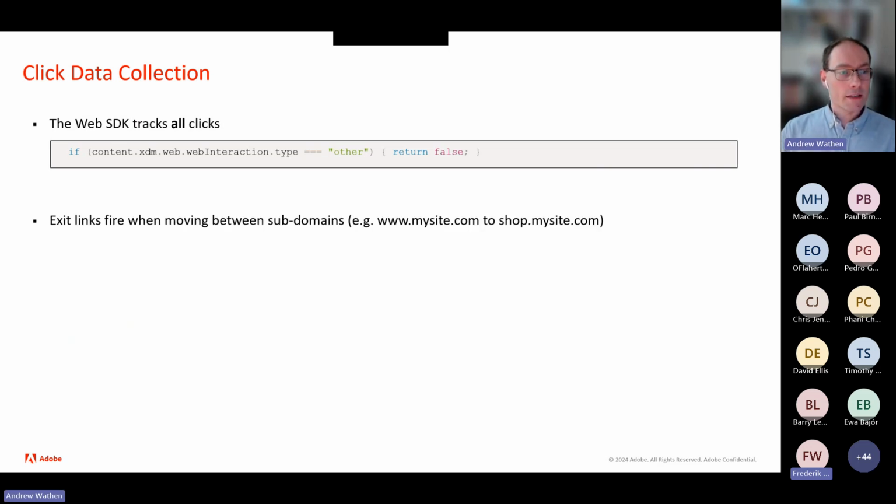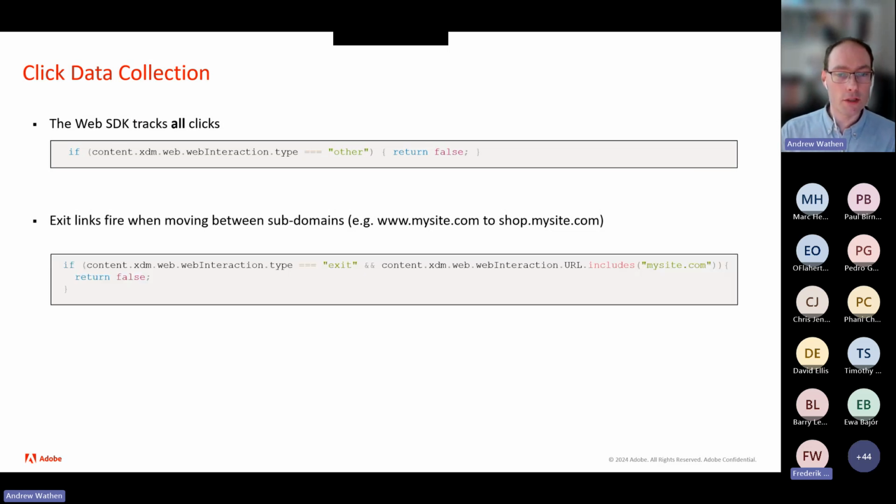The next one is exit links firing when moving between subdomains. The example I've given here is you're on www.mysite.com and you navigate to shop.mysite.com. Most of us would probably not want to count that as an exit link, but the code will. The code will see that as an exit link and fire.